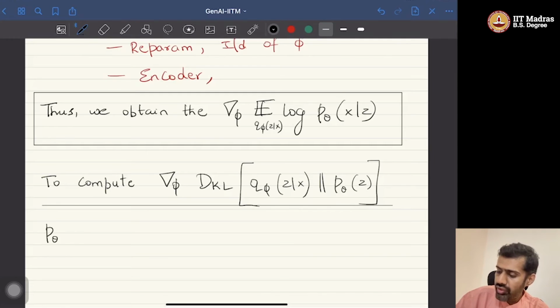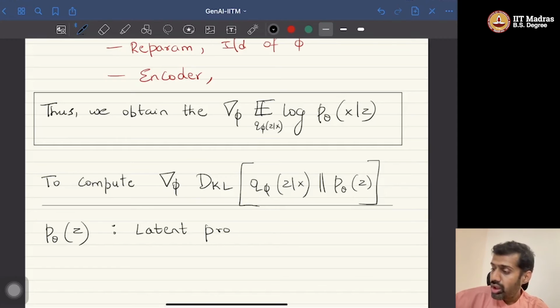Now p theta of z is called the latent prior. This is the distribution, or the prior, that is assumed on the latent variable z. Note that this is independent of x, so this is not a conditional or rather a latent posterior. This is the prior on the latent variable that we are assuming.